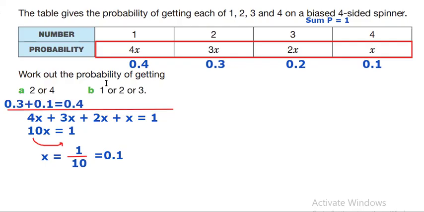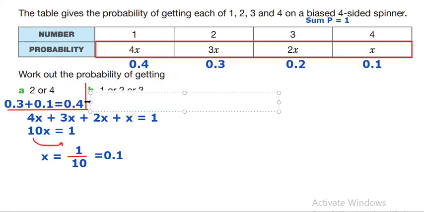Second one, what's the probability of getting a 1 or a 2 or a 3? So basically, we add them together. Same idea. Focus on this. The word or means you can add them together. Now, the word and means they have to happen at the same time.